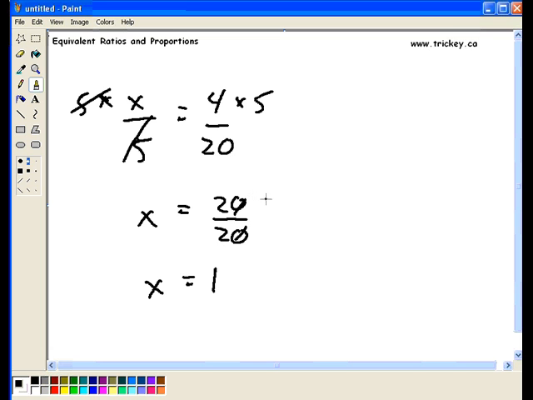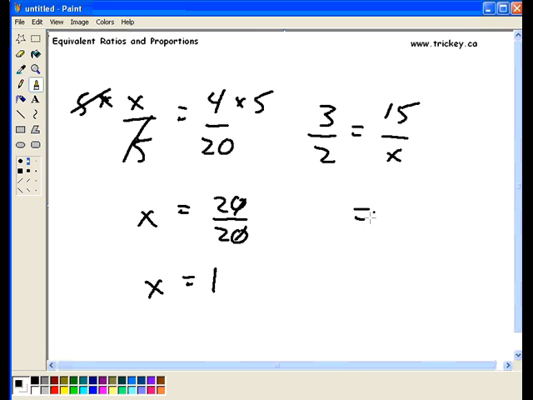Now, what if I had the x down below? What if I had 3 over 2 equals 15 over x? To make it real easy for yourself, get that x upstairs right away. In order to do that, just flip it.